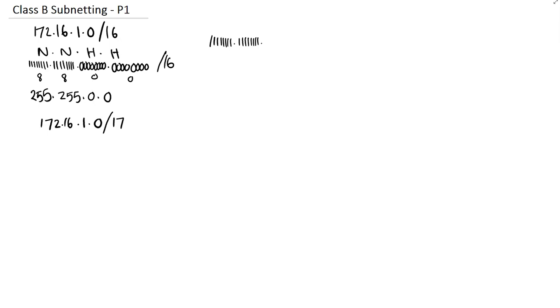That's 16, but in this case we have 17, so for octet number 3, we borrowed 1, and that means we have 1 over here, and then 7 zeros. And then the other octet, the fourth, is still the same, no change, 8 zeros. You would expect N, N, H, H, but what happened? We are now mixing H and N together in this octet. So you have 1 and then 7 zeros.